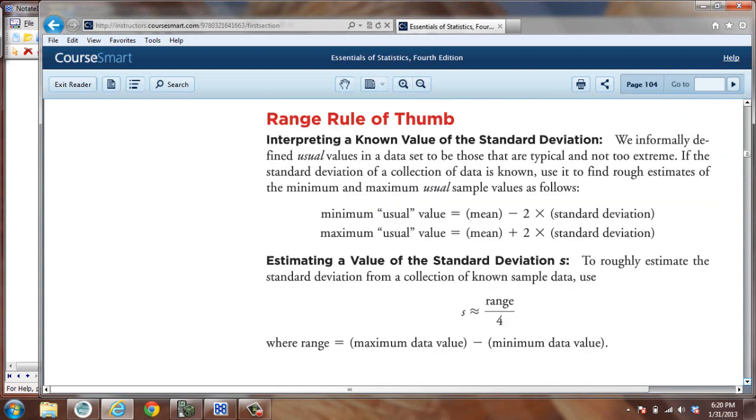Okay, and they have this estimating. If you want to roughly estimate the value of the standard deviation, you can take the range and divide it by 4. Range is the max minus the min, but that's a really rough estimate. Nowadays with calculators, it's so easy to plug the data in and just punch out the standard deviation.